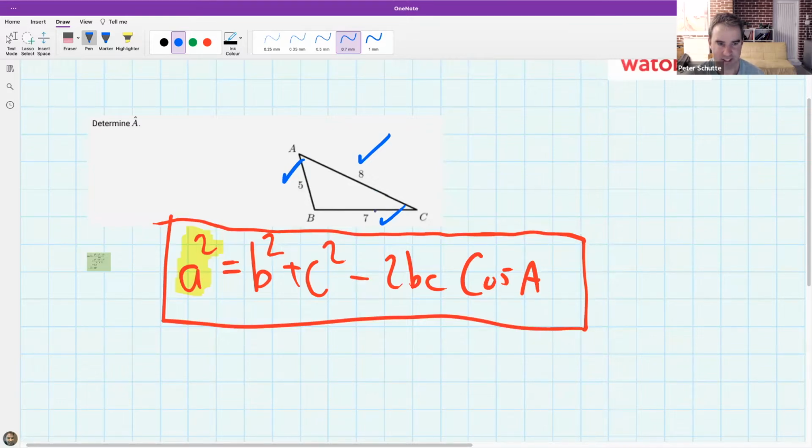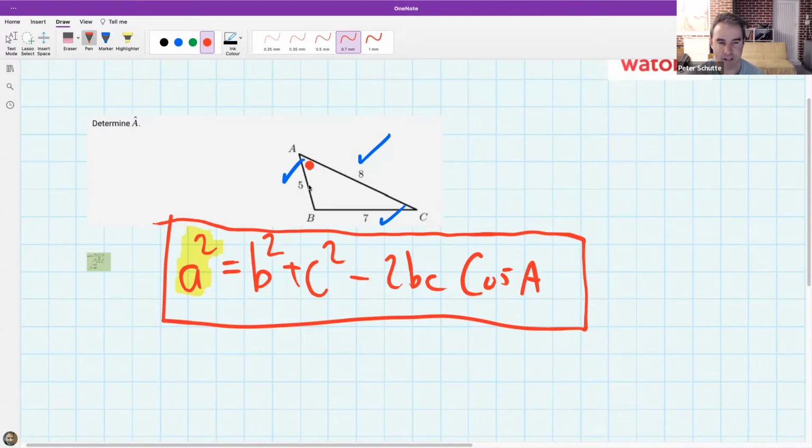So my first challenge for you is to write out a statement of the cos rule which involves the angle that I'm trying to find. The angle I'm trying to find is A over here.